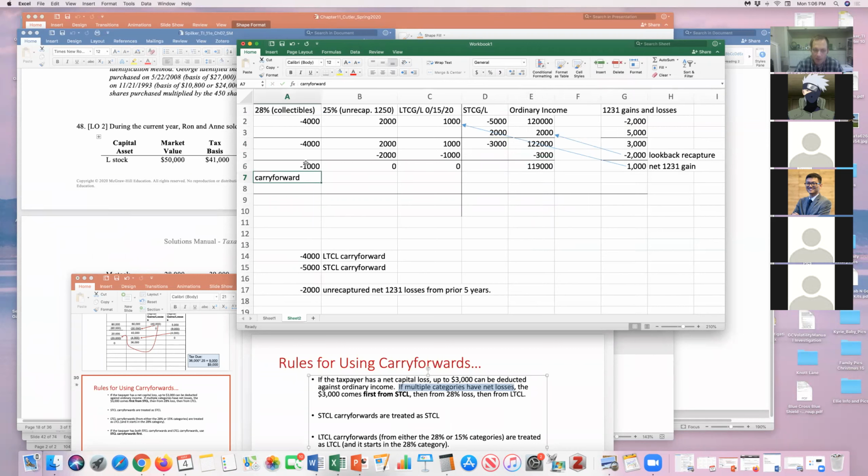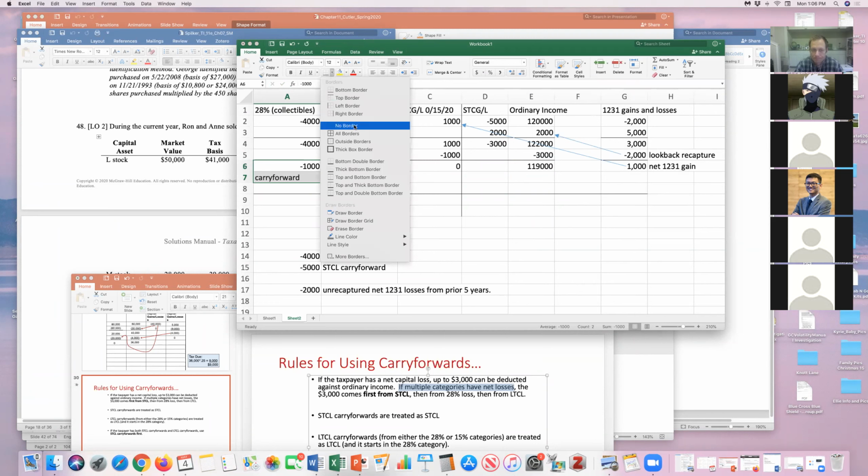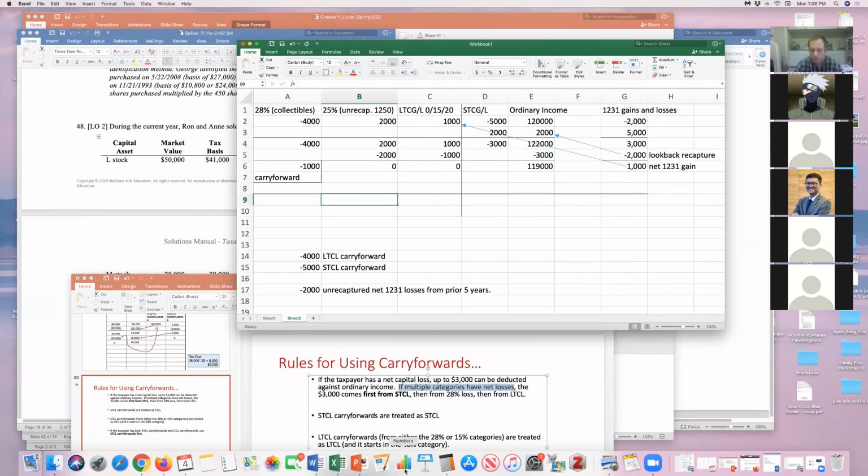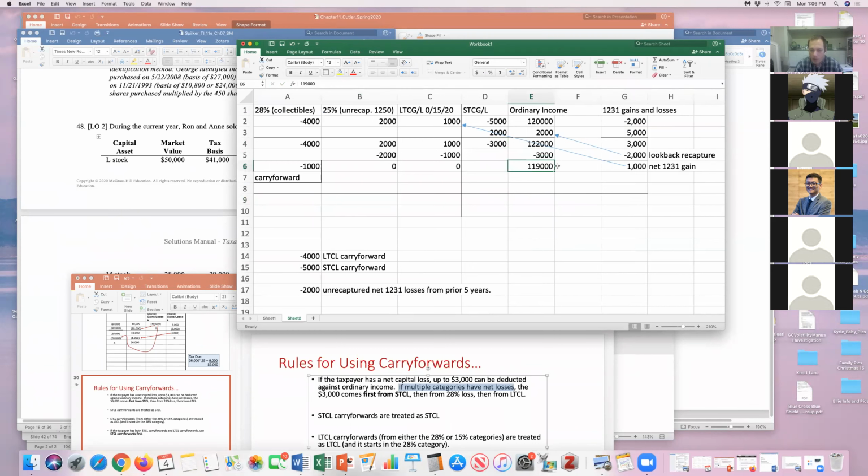And this one is a carry forward. In this case, I would just tax everything at ordinary rates. And next year, this carry forward is going to start right here in the same column. Any questions about that?